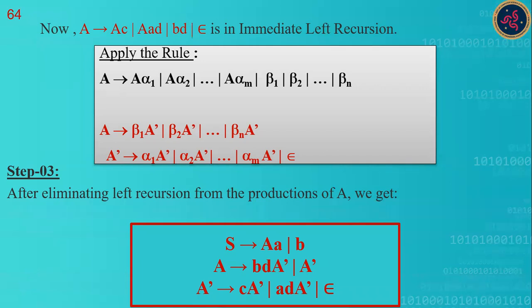So here beta is epsilon, and epsilon appended with the string A prime gives A prime. This is how you got the A prime here. I hope it is clear now. This is the final set of productions after eliminating the left recursion. Okay, thank you.